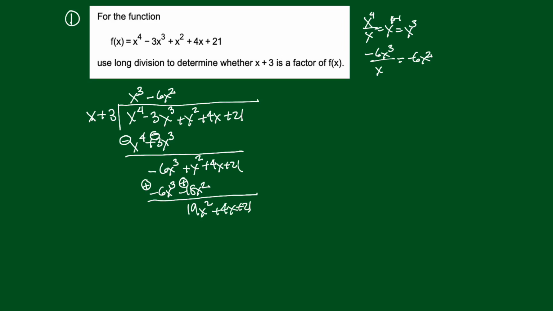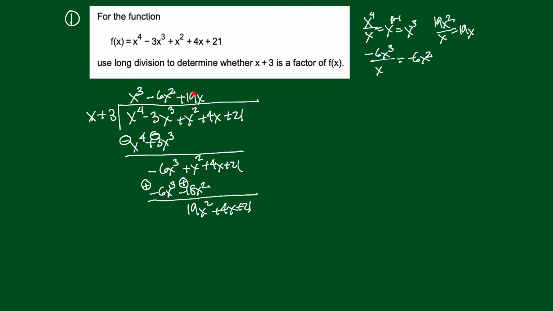Now let's divide again. X into 19x squared. So you're thinking this: I've got 19x squared, I'm going to divide it by x, I'll get 19x. So there's our divide. So x into 19x squared will be 19x. So plus 19x. Now let's multiply.